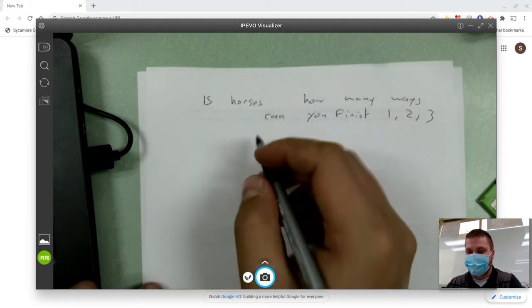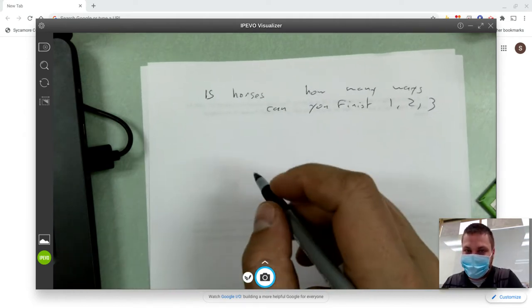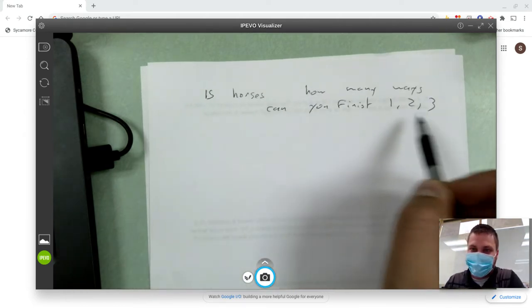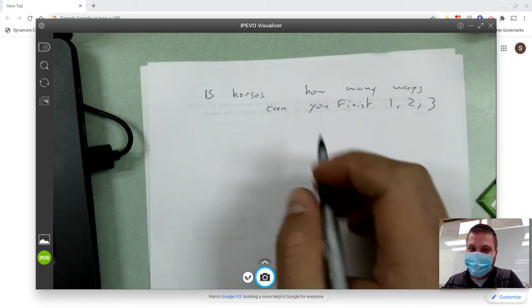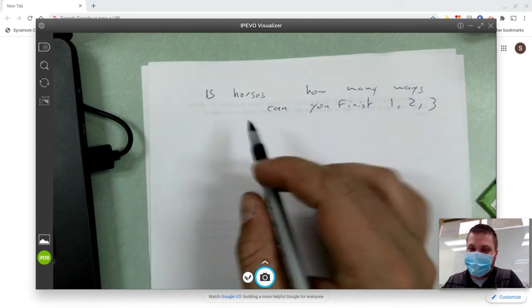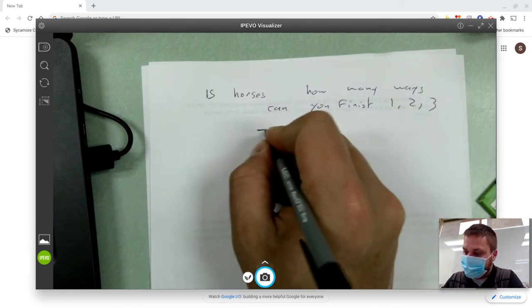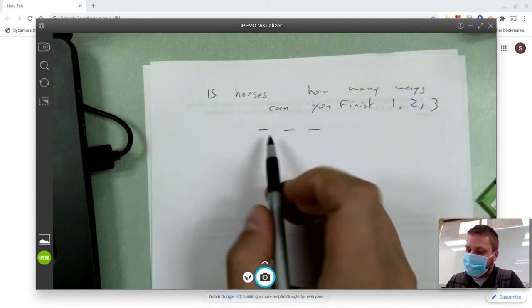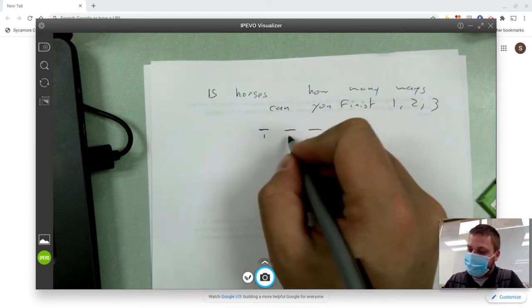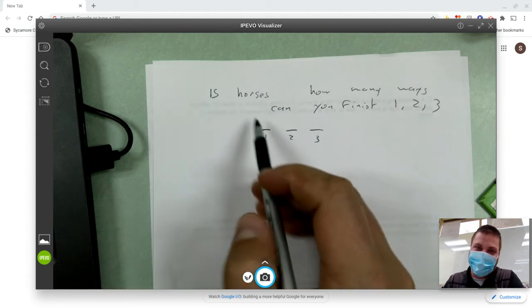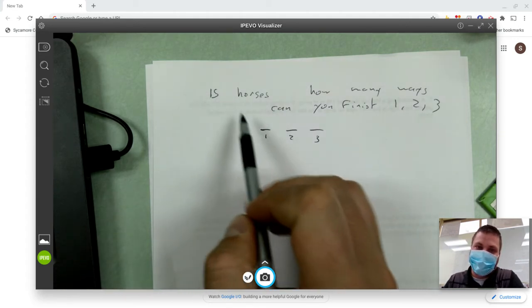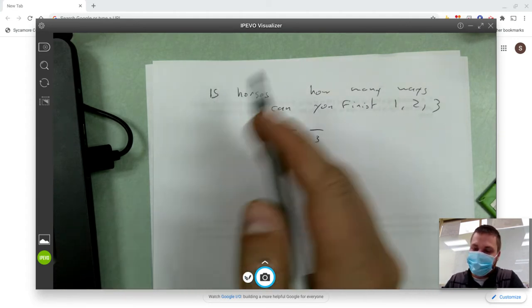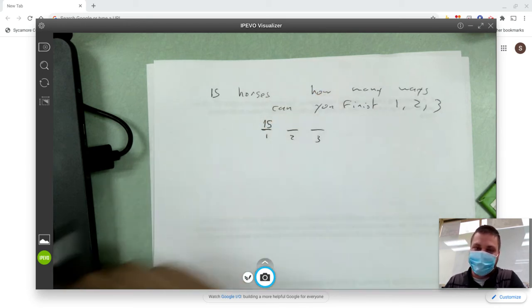Okay, now I'll give you a style of thinking for permutations. First of all, order does matter because we want to distinguish finishing first, second, and third. I'll give you a style of thinking, and I'll show you how you can do this on your calculator. Okay, one style of thinking is to draw the podium. Okay, here's first place, second place, third place, and ask yourself, how many options of horses do we have that could finish first? Well, there's 15 horses, all of which could finish first.